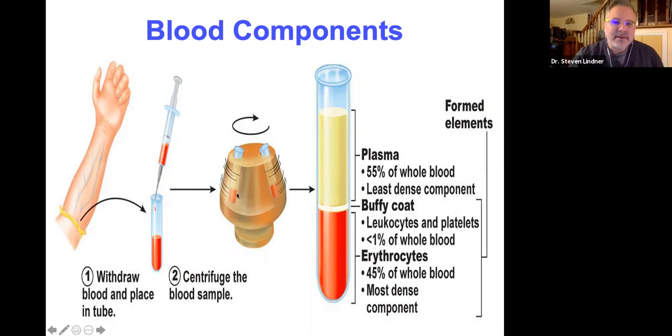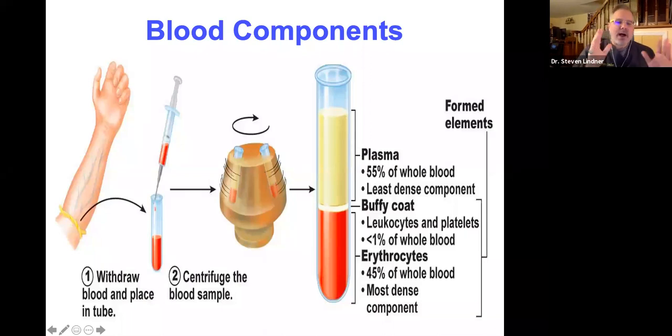And they're going to spin it through a centrifuge. And when they spin it, all the heavy stuff drops. So all the cells and the formed elements drop to the bottom, and then the lighter substances go to the top. On the bottom, we're talking about red blood cells and white blood cells. On the top, we're talking about plasma.